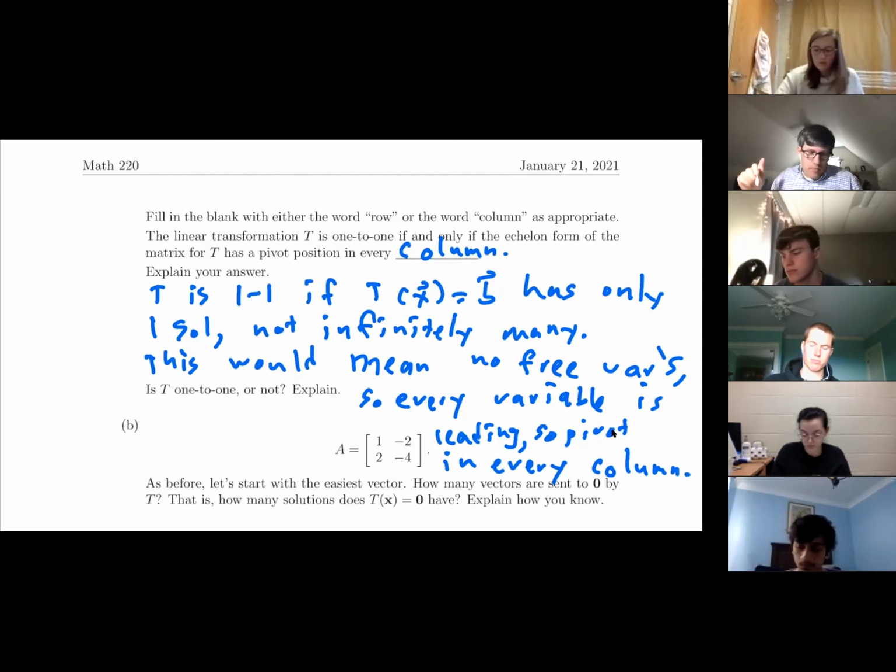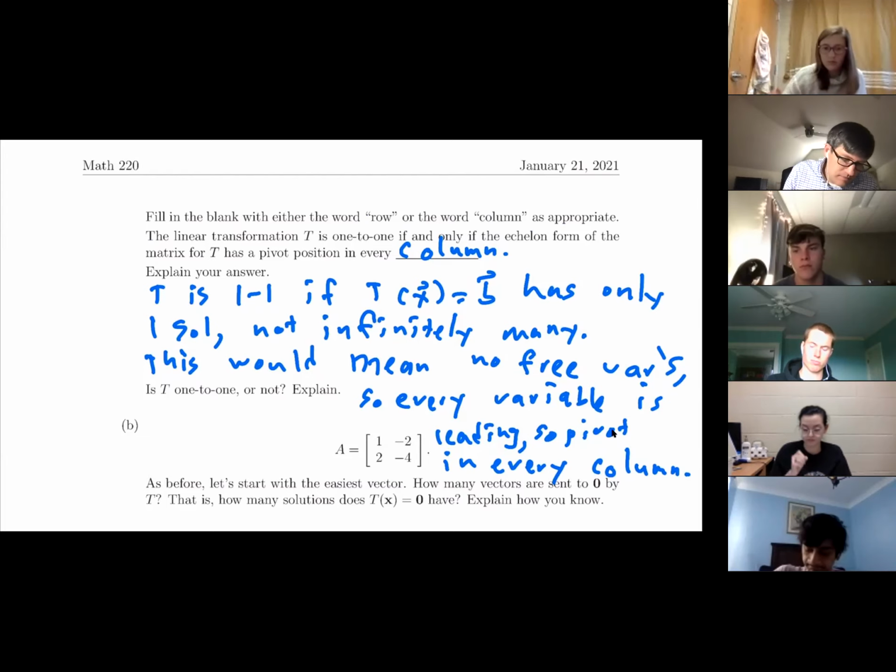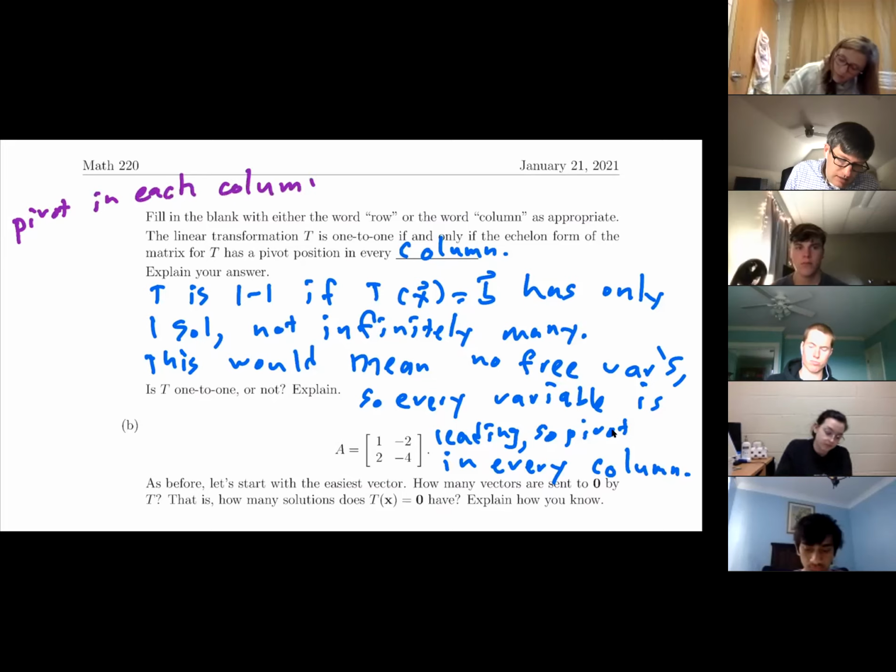So I'm just going to note that there's this cluster of ideas. Let's do a different color maybe. Pivot in each column.